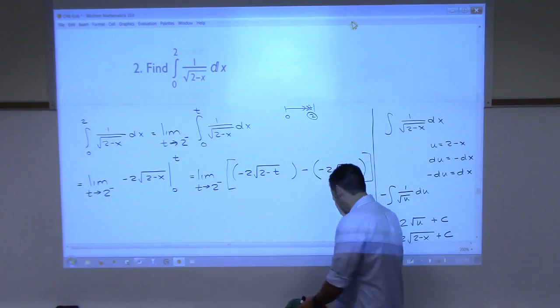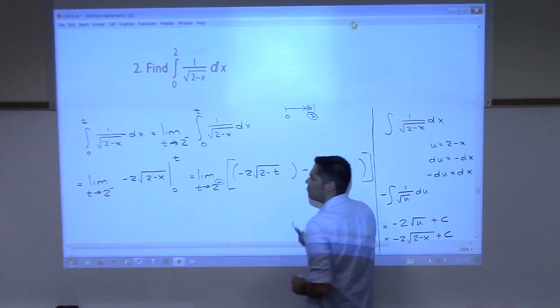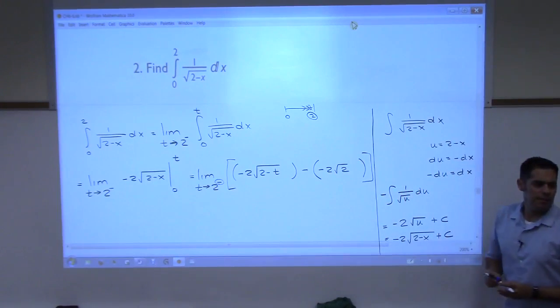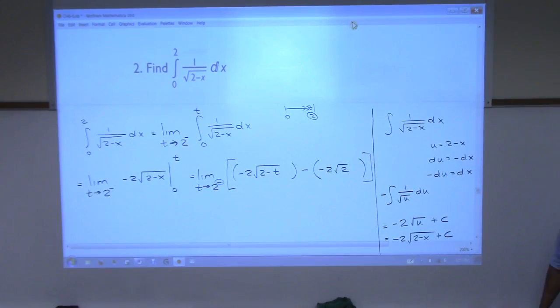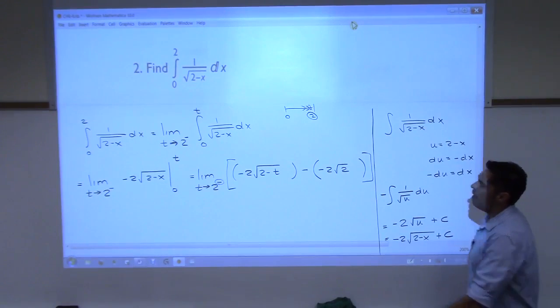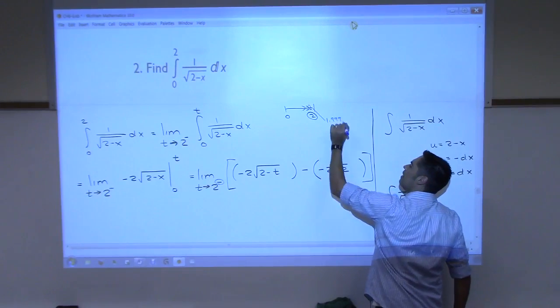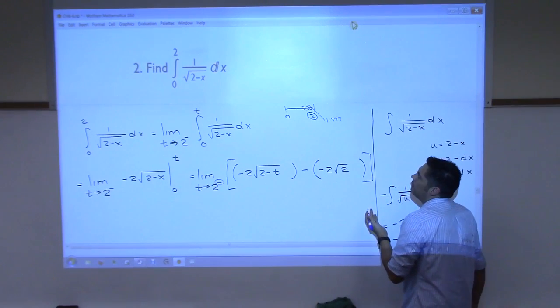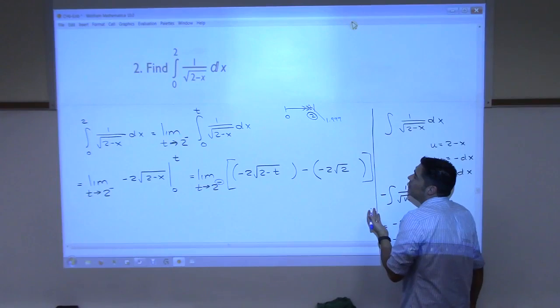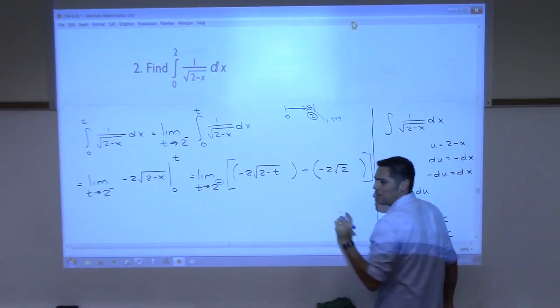Now, why do you think it's important that we're approaching from the left? I mean, that actually is pretty important here. Because we'll never actually hit 2. It'll be like 1.999. So we're going to be plugging in numbers like 1.999, something like that. If you take 2 and subtract that, you're going to get a little tiny positive number there, right?